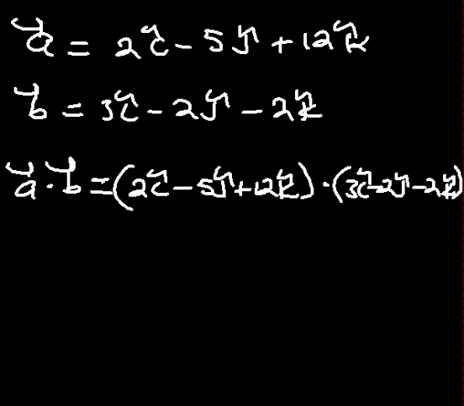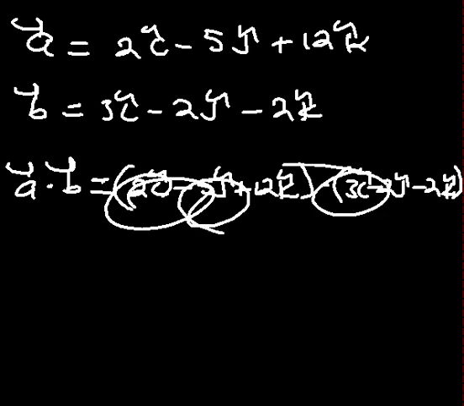We have to multiply these vectors component-wise, meaning i with i, j with j, and k with k. If we multiply vectors in different components, those products will be 0. So we literally multiply the vectors component-wise.